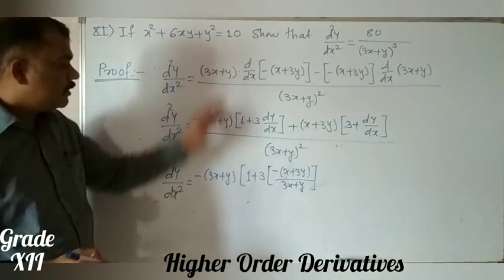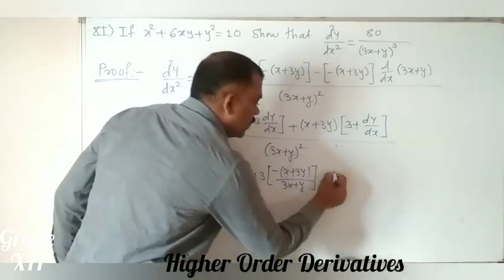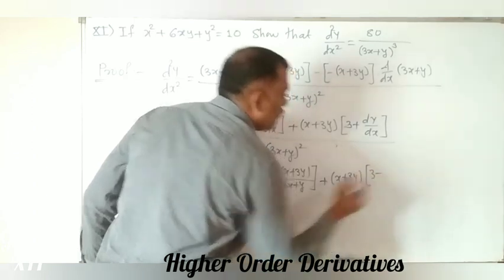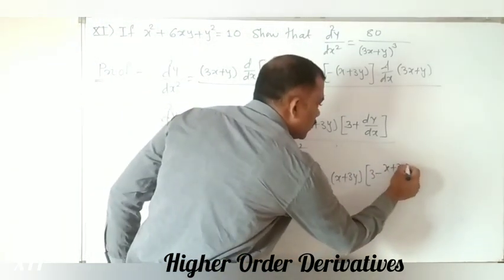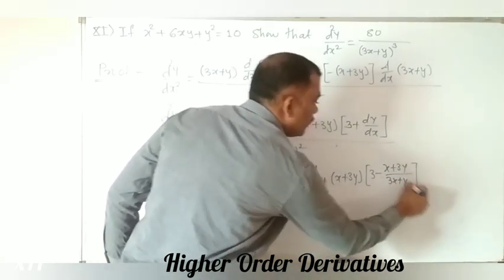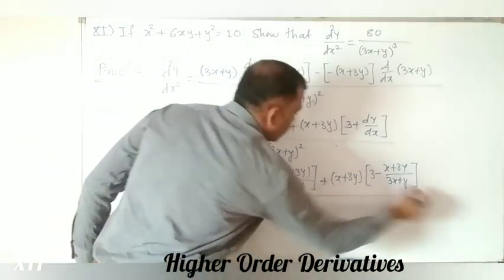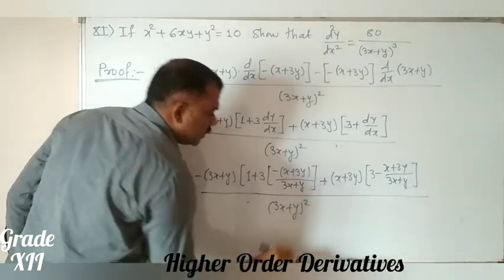By using this quotient rule, I will write this value of dy by dx) plus (x plus 3y) into (3 minus (x plus 3y) divided by (3x plus y)), divided by (3x plus y) whole square.